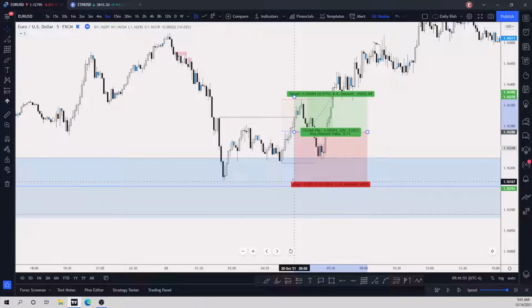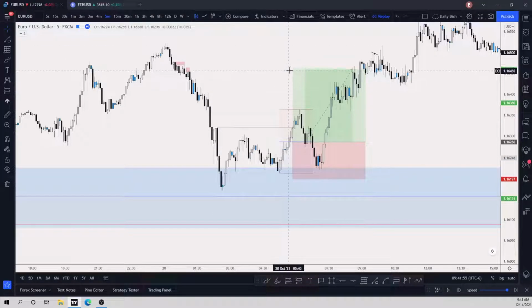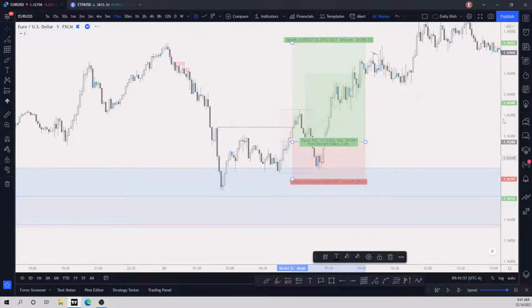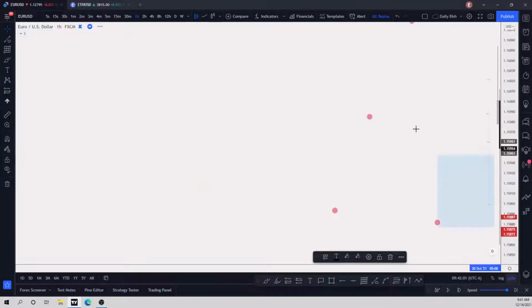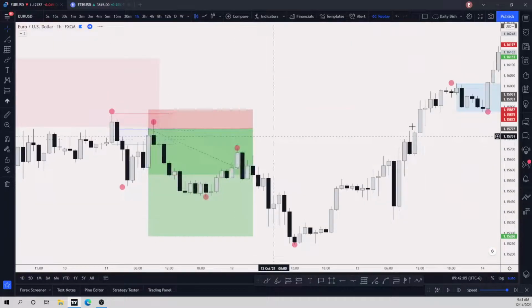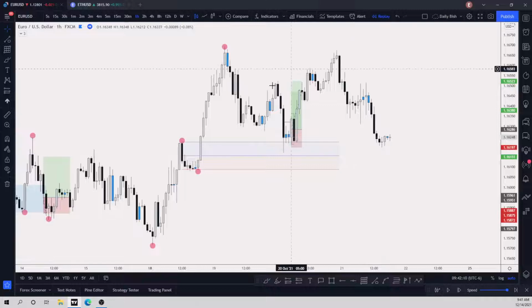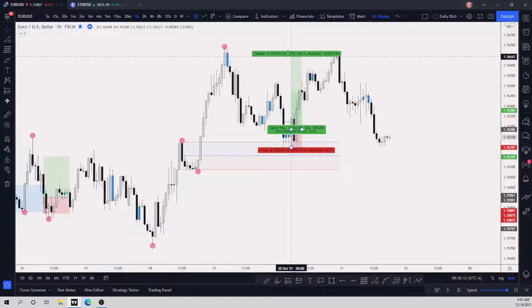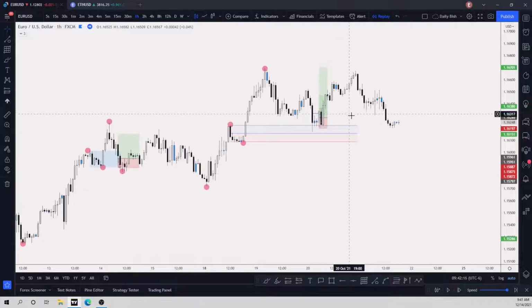I'd probably say below here, but let's just say here. And then your first target would be probably on the 15-minute or something like that. Yeah, so this high could be your first target, and then this is your second target, which it doesn't hit for partials. So yeah, and then you get taken out for break even.